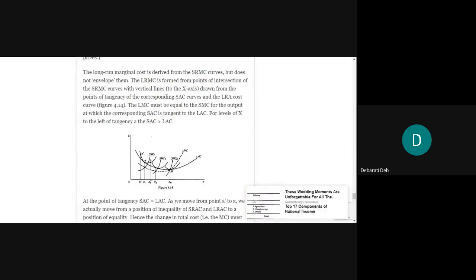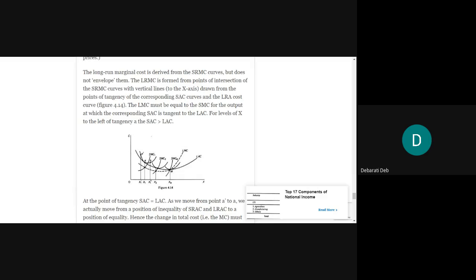So here, the very first thing that comes to your mind is the picture of the short run marginal cost curves. You must remember that the shape of the short run marginal cost curve was starting from the bottom, and then it was cutting the average cost curve from the bottom, and then it was going towards the top.